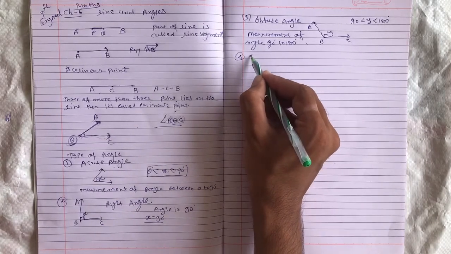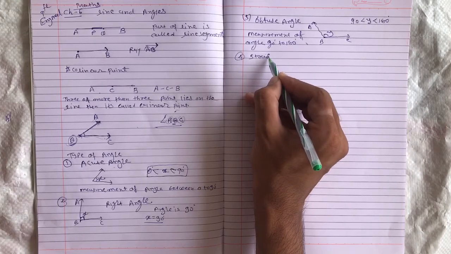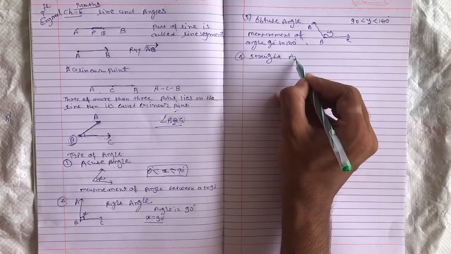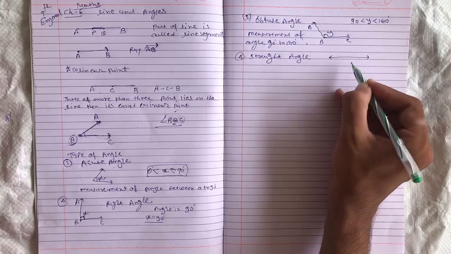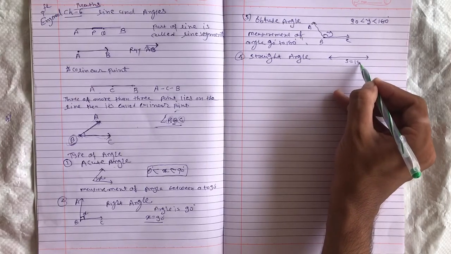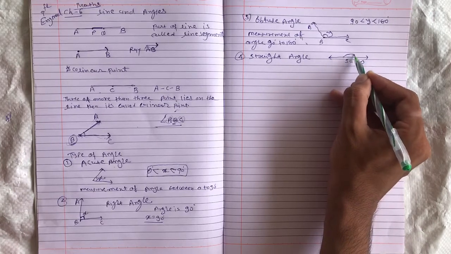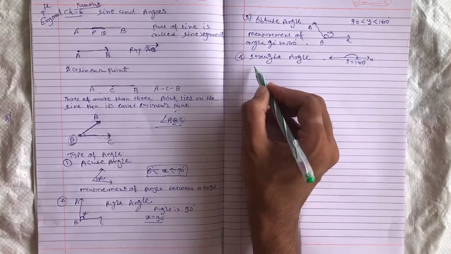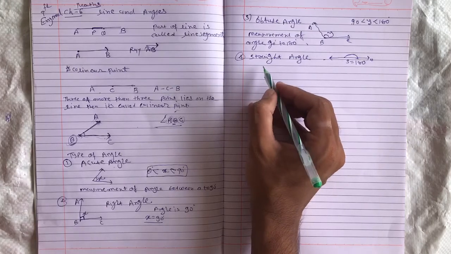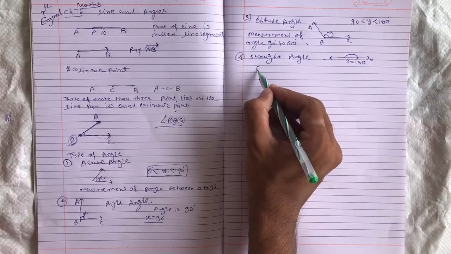Now the next angle is the straight angle. Suppose theta is equal to 180, it means 0 here and 180. The straight line can be represented as 180 degrees.